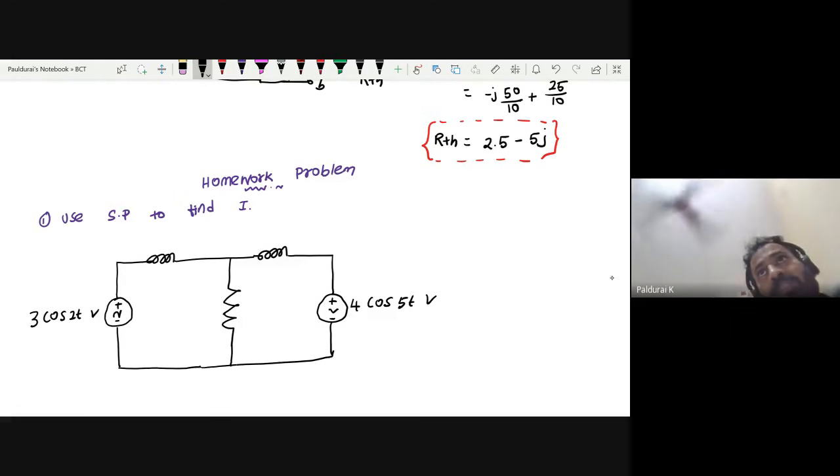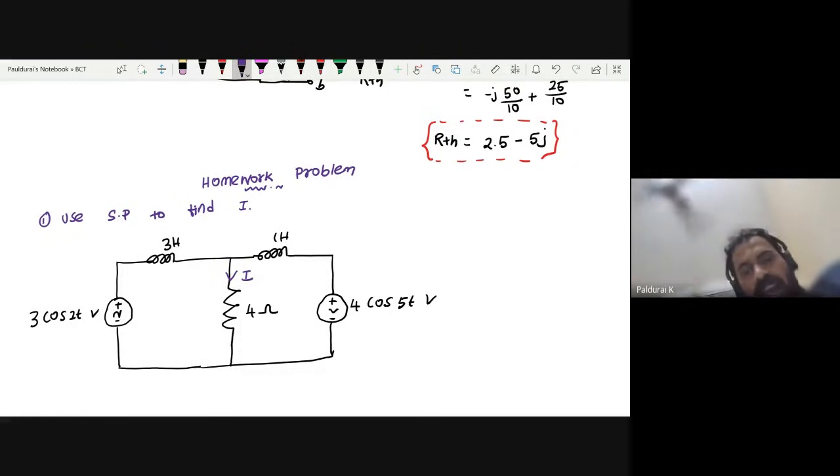This is, I think, 3 Henry, 1 Henry, and this is 4 ohm, and this is my I actually. And you want to calculate this I, which is flowing through 4 ohm by using superposition.